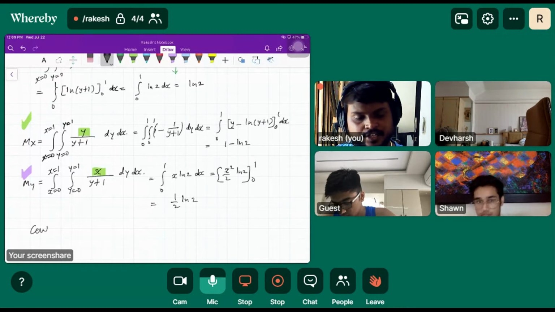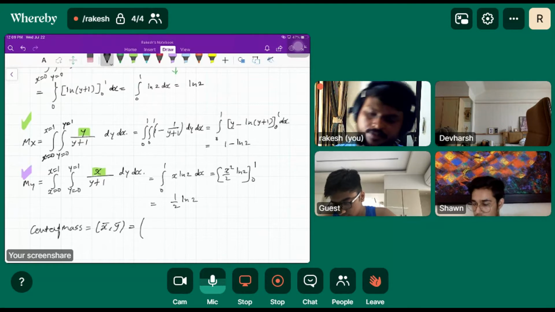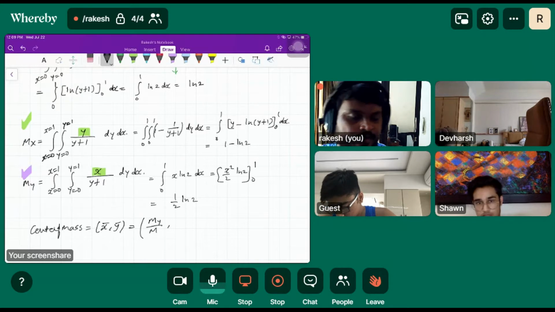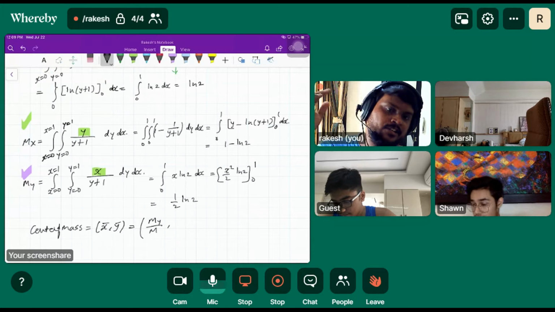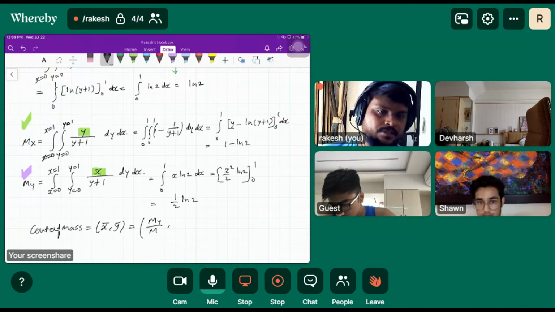Okay. What is the center of mass? The center of mass is x bar, y bar, which is nothing but My by M and Mx by M. The x coordinate is My by M because we are integrating along the x direction, so it will give you the x coordinate. Makes sense?